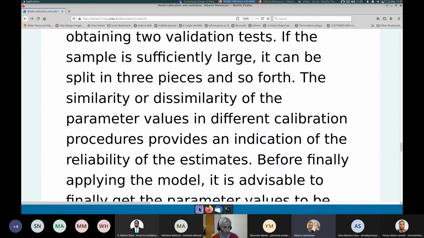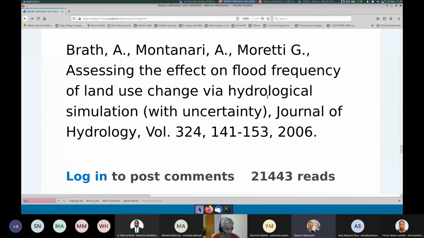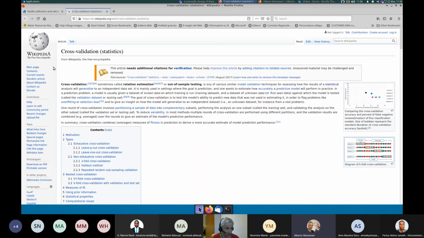Okay, and I think there is a mention of the Jackknife here. Let me see, Jackknife. No, there is not indeed. I think there is not the terminology, but okay, it's here. And the literature also suggested more elaborate validation procedures, like for instance cross-validation. Cross-validation is a synonym for Jackknife. If you look here, you see that cross-validation, sometimes called rotation estimation or out-of-sample testing, is, and then there is a description.